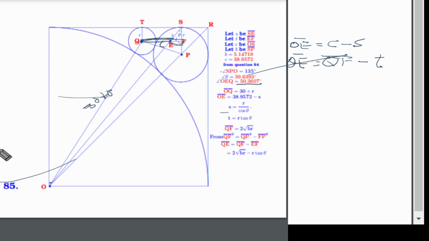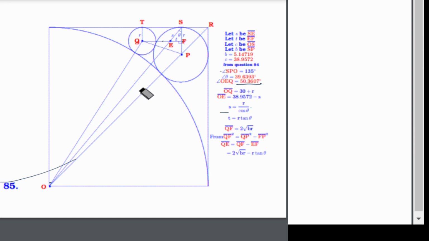Now, again, let me clean up here. So QE is 2 root BR minus R tangent theta. We already have a value of theta, right?